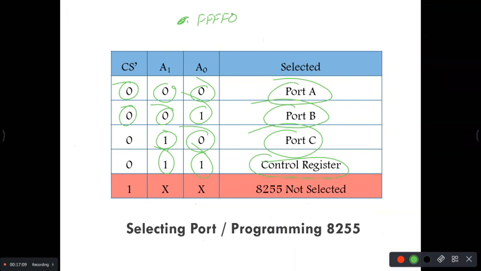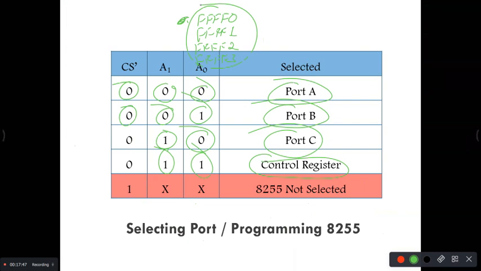Then you have FFF1, FFF2, FFF3. See, this is the 20-bit address. So now this corresponds to which port? Port A. This corresponds to port C. But in the program we use only 16 bits, while when the microprocessor generates it, it will be 20-bit. Have you understood this? Okay.